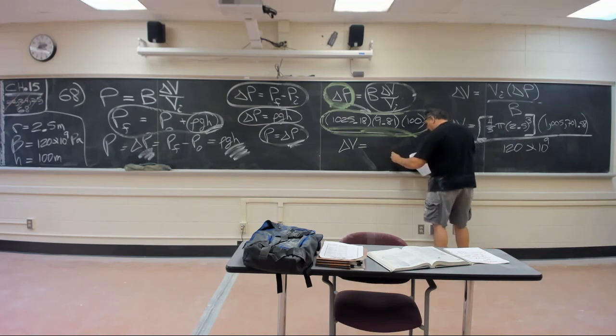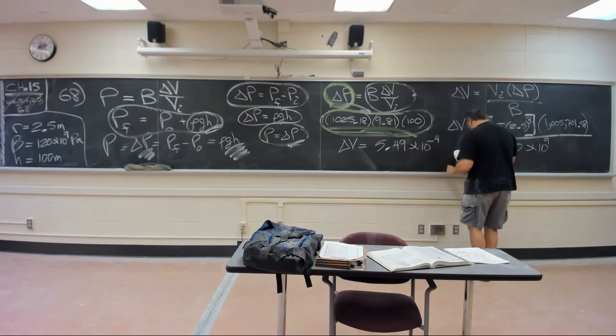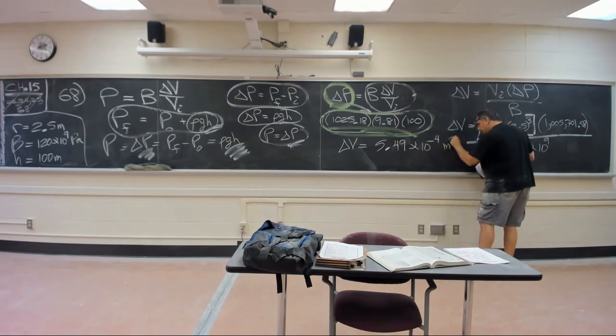It's a very dense object, and it's not very deep, but there is a reduction here. It's 5.49 times 10 to the negative 4 meters cubed. There is a volume reduction of this much.